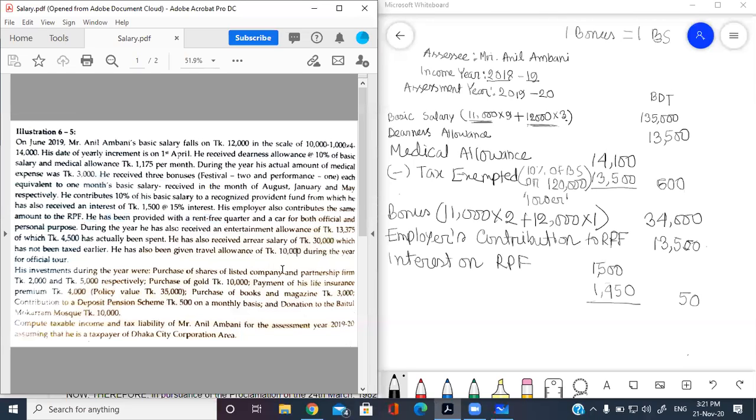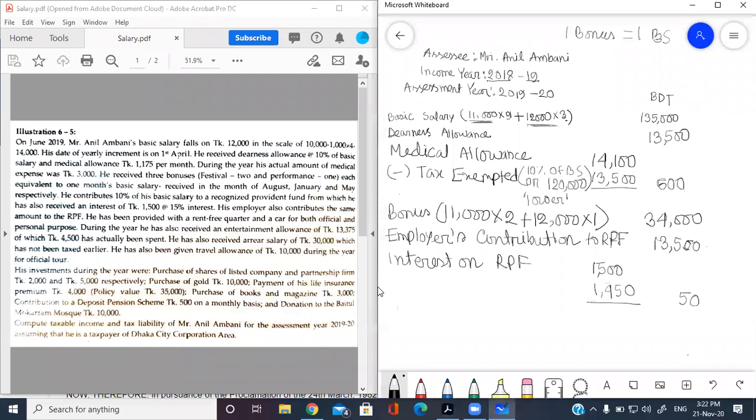It is attractive, and the tax authority also knows that it is attractive, but there is no escape from the tax authority. You need to convert this facility into a monetary amount so that the tax authority can charge some tax on the facility which you are enjoying.